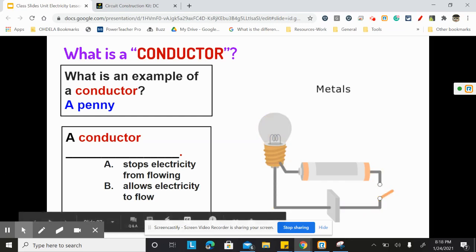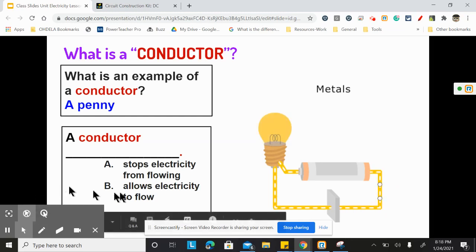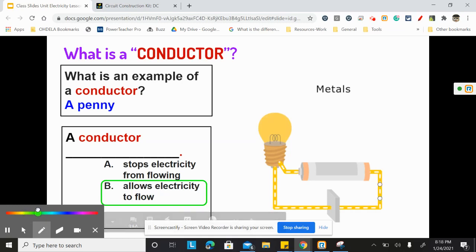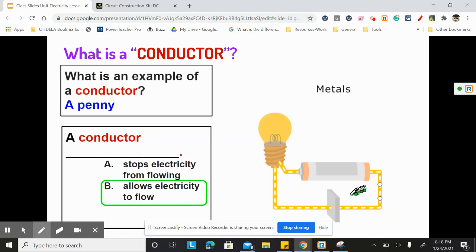A conductor allows electricity to flow. If we add a piece of metal into our electrical current somewhere, or a penny into our electrical current, the current will continue to flow because a conductor is a type of material that allows electricity to flow.